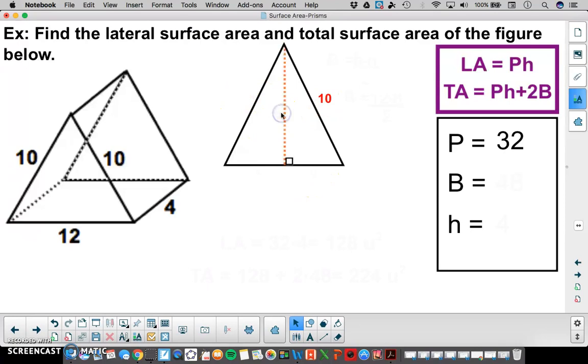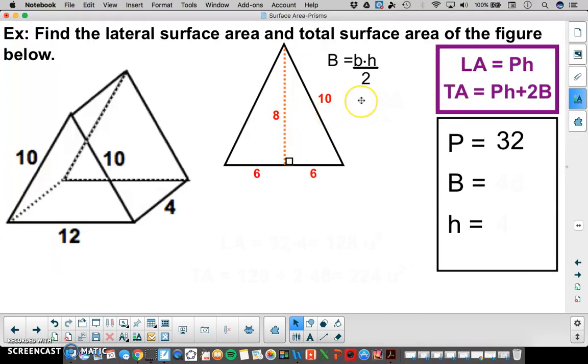If we make the height of that triangle, that's going to split that base in half and create 6 and 6. I know the area of a triangle has a formula of base times height divided by 2. So I already know the entire base is 12. I just need to find the height. So I'm going to use Pythagorean theorem. Once I've solved Pythagorean theorem, I find that the height of that triangle is 8.